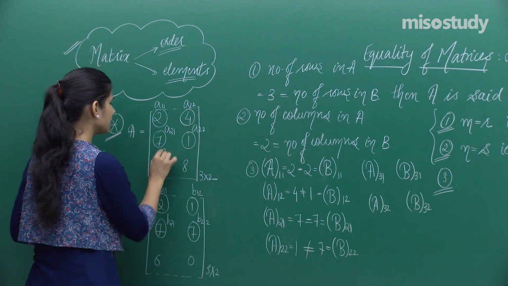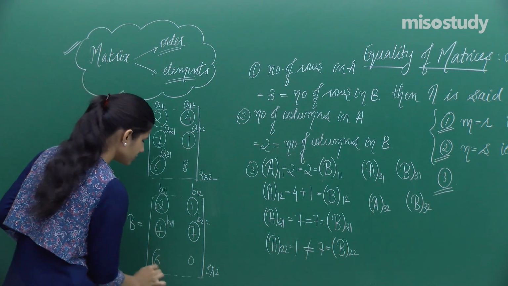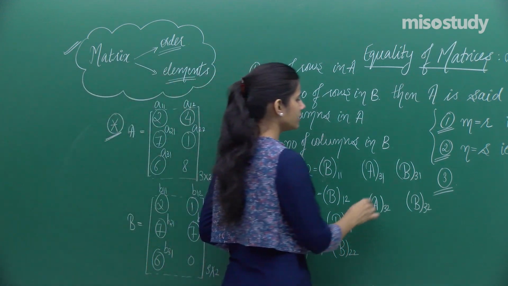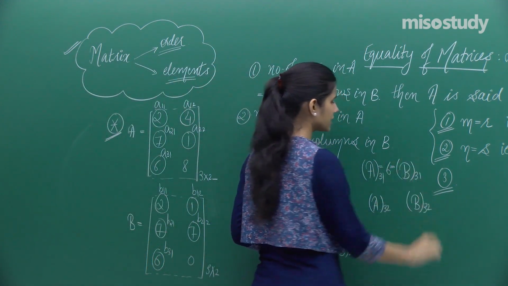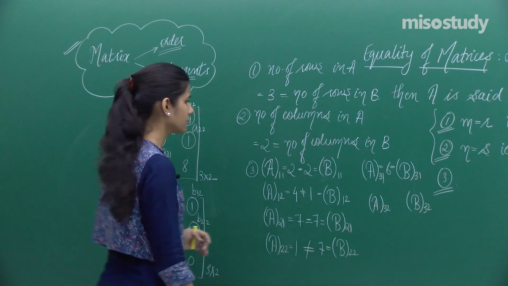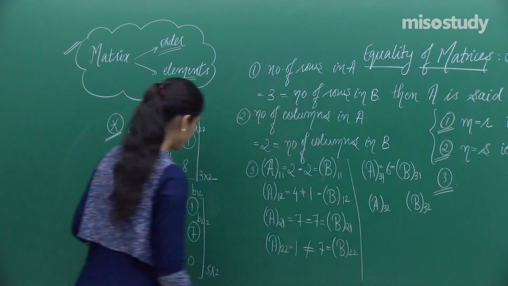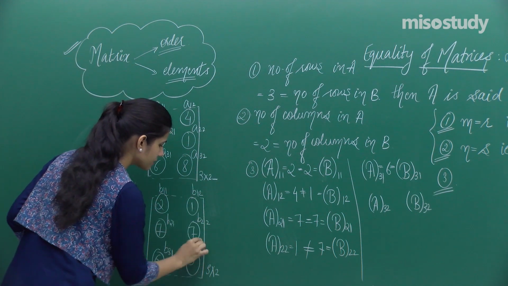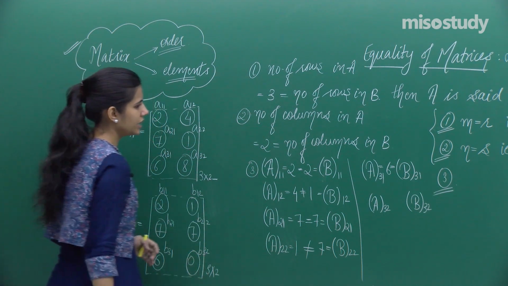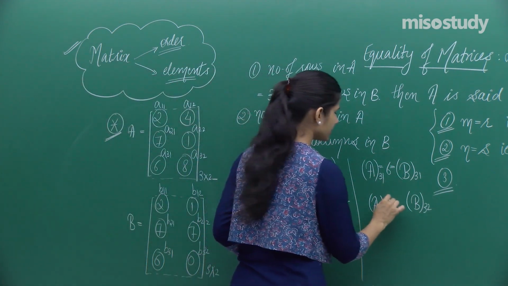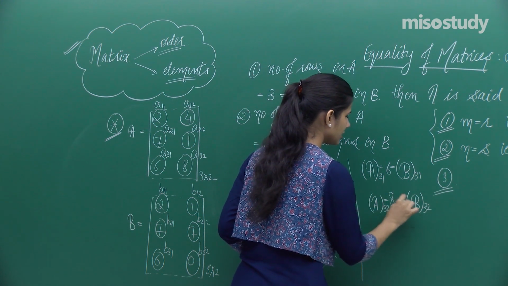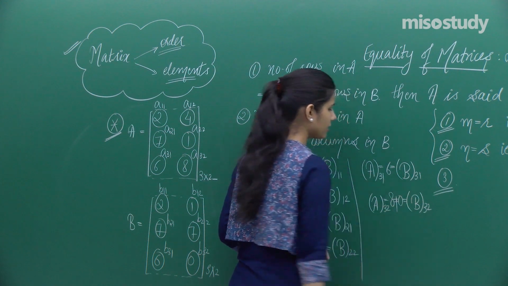Matrix A's 3/1th element and matrix B's 3/1th element: you can see they are both equal to 6. Matrix A's 3/2th element and matrix B's 3/2th element: this is 8 and this is 0, and they are again unequal.